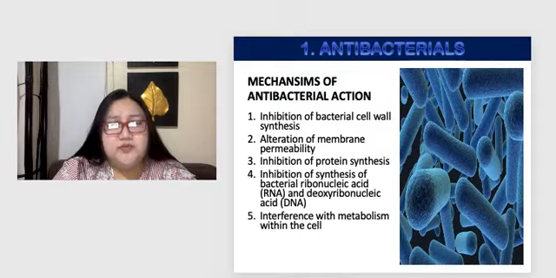Now, as we go through the different antibacterials in the next slides, the mechanisms of these antibacterials, or the action, are whether they inhibit the bacterial cell wall synthesis, alter the membrane permeability of the bacteria, inhibit protein synthesis, or inhibit the synthesis of RNA or DNA, or sometimes antibacterials also interfere with metabolism within the cell.